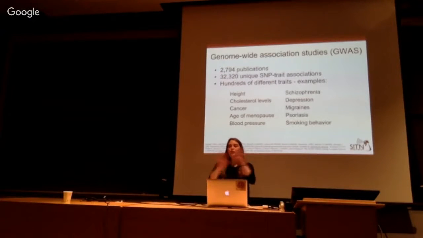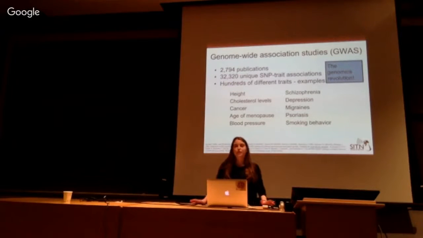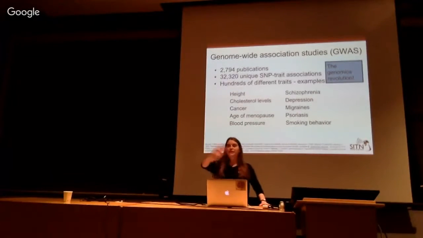And that's for hundreds of different traits. So height, cholesterol levels, cancer, age of menopause, anything you can think of. If someone can get their hands on data for enough people, someone has done the GWAS of it. And this is really what we mean when we say the genomics revolution, right? This is looking at really big data. This is looking at thousands and tens of thousands and hundreds of thousands of people.